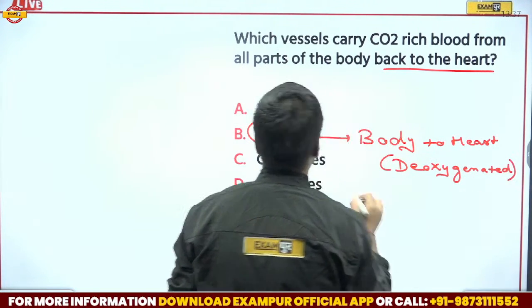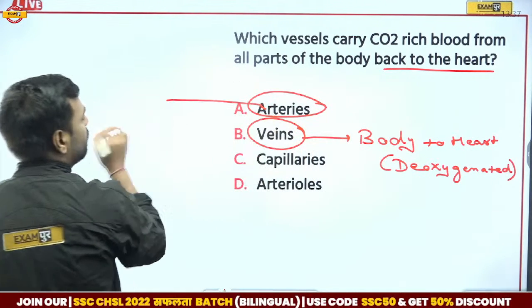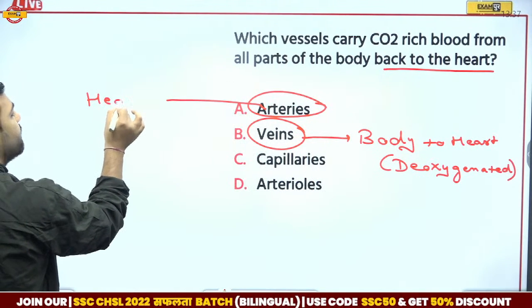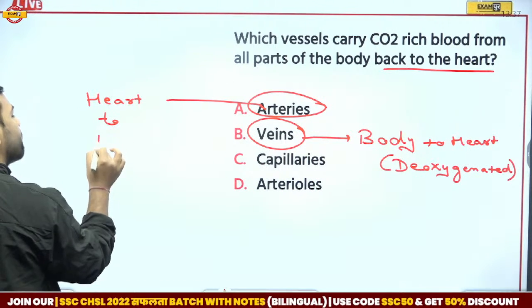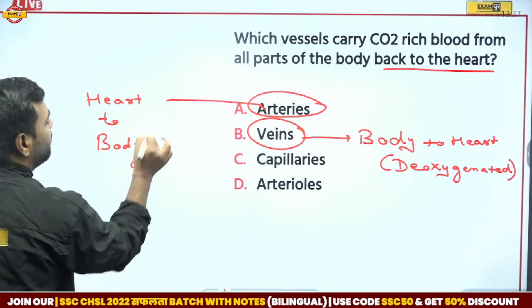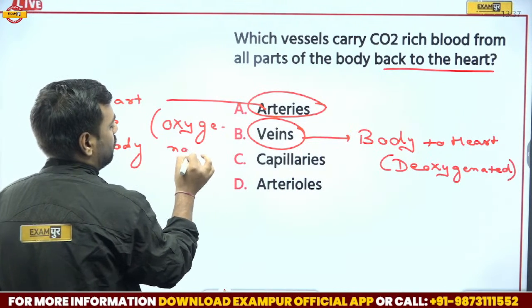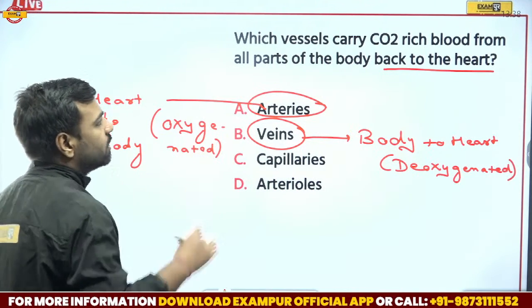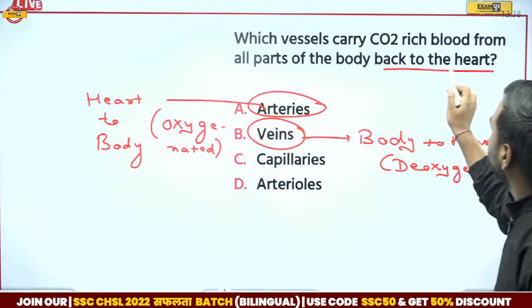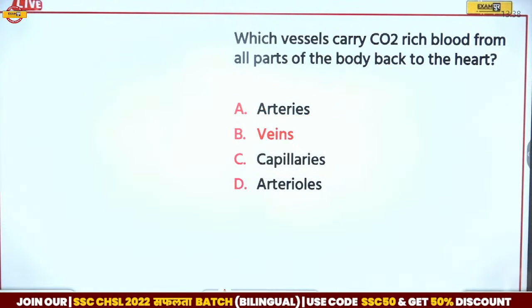And for arteries, always remember it will be heart to body, where we talk about oxygenated blood. So the correct answer was veins, option B.